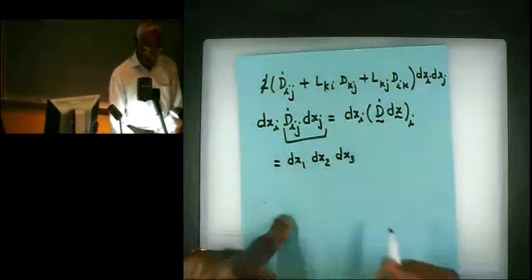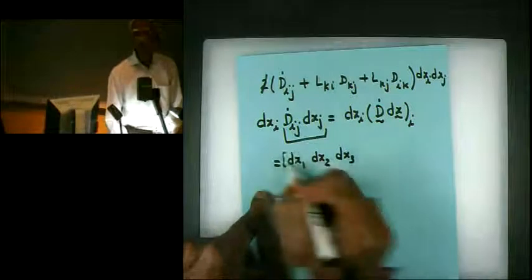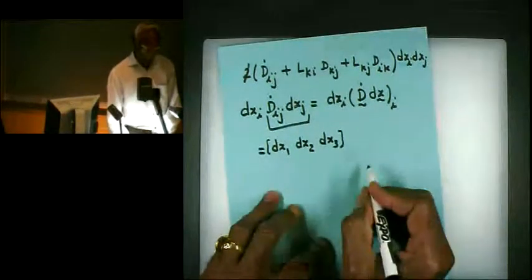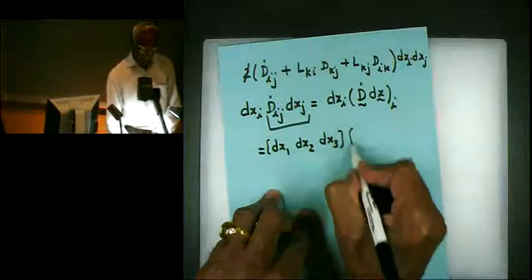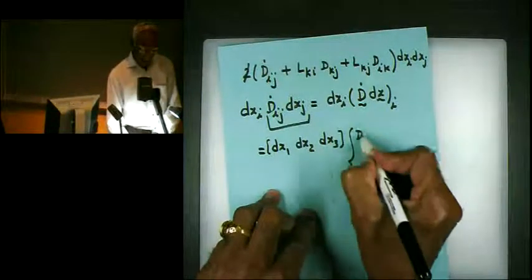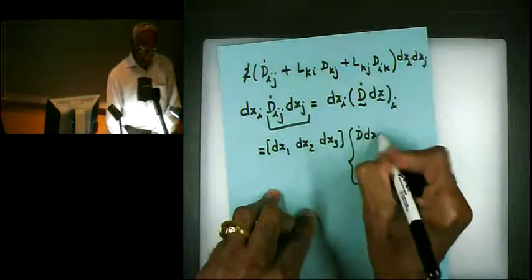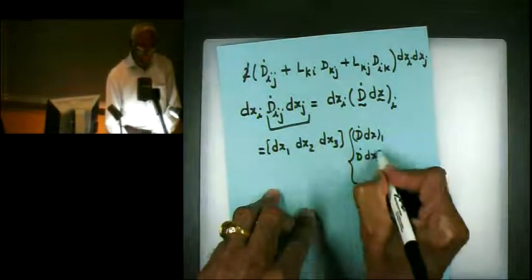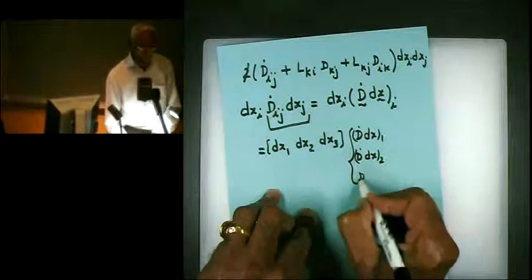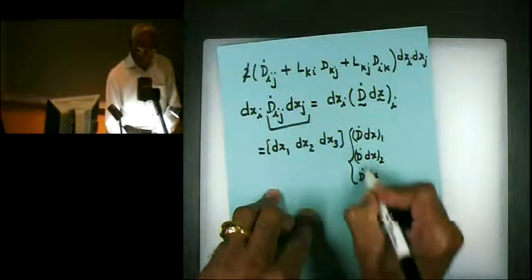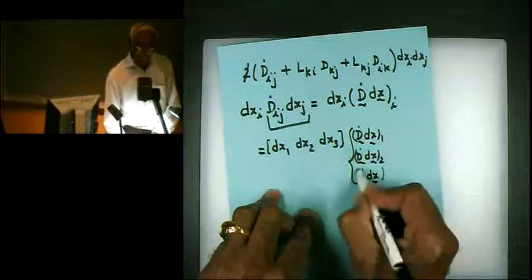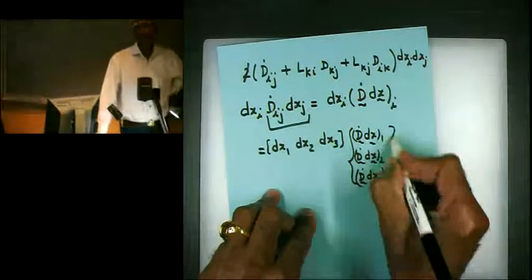So that's a row matrix. The next one is going to be a column matrix. So it's d dot dx1, one component, d dot dx, second component, d dot dx, third component. Does it make sense?